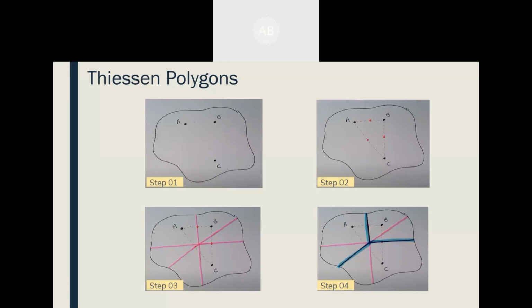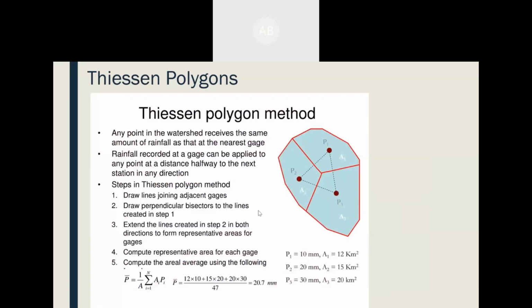Once you have found these regions, it becomes easier to calculate, in case of rainfall, the average rainfall, or what is known as the areal average, using the Thiessen polygon method. Ultimately, in the equation that you see, point number 5, the areal average P bar is 1 upon A, where A is the area of the polygon, times the summation of individual point values, that is P1 into A1.